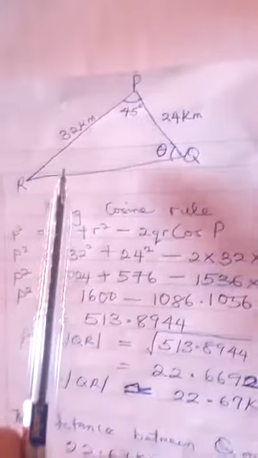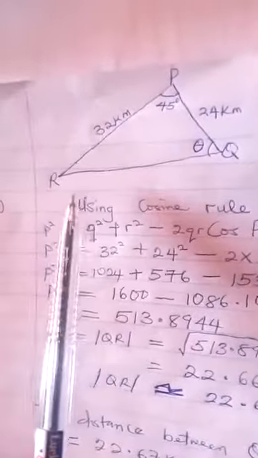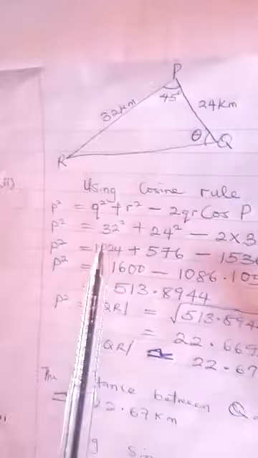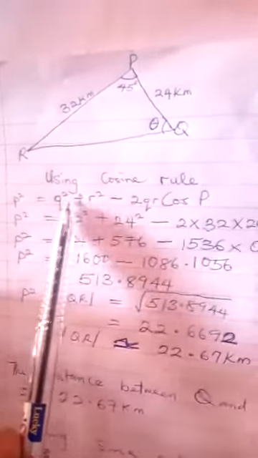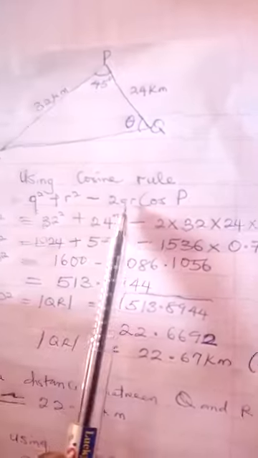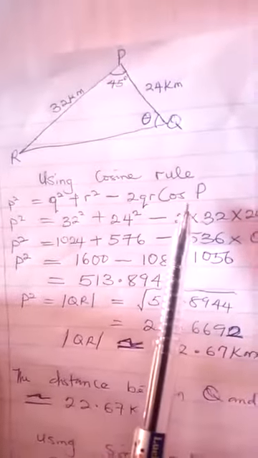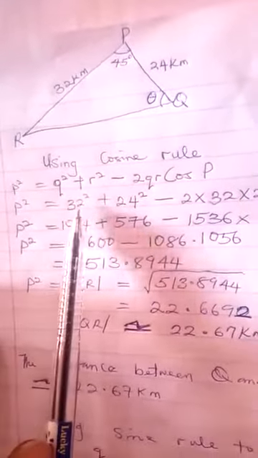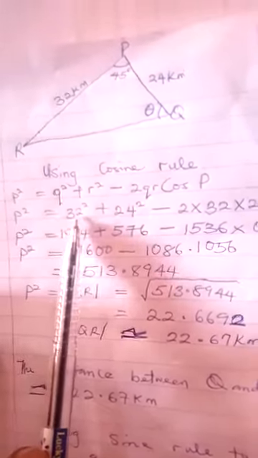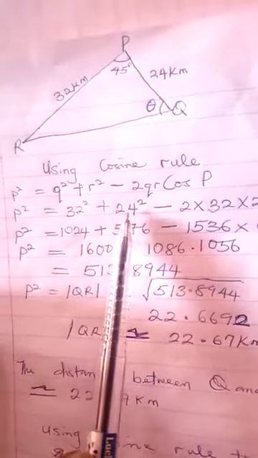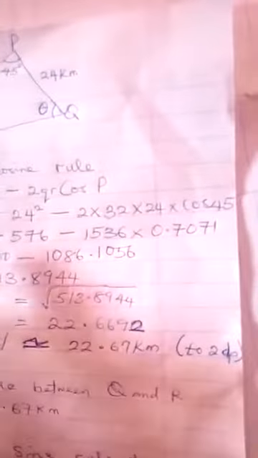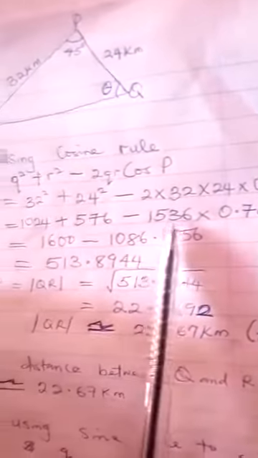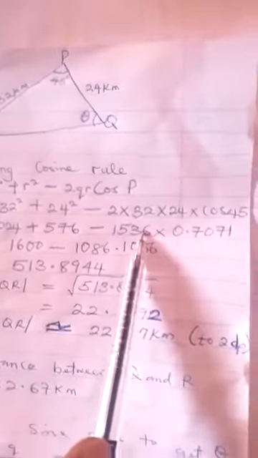So, to calculate this distance between Q and R, we will make use of the cosine rule. That is, P squared is equal to Q squared plus R squared minus 2QR cos P. So, we follow it up. The small q is 32, the small r is 24, then we solve. At this point, let us take note, we must obey BODMAS.